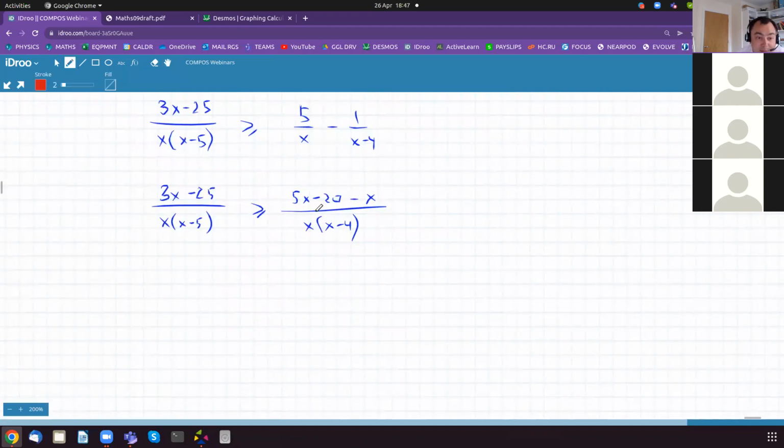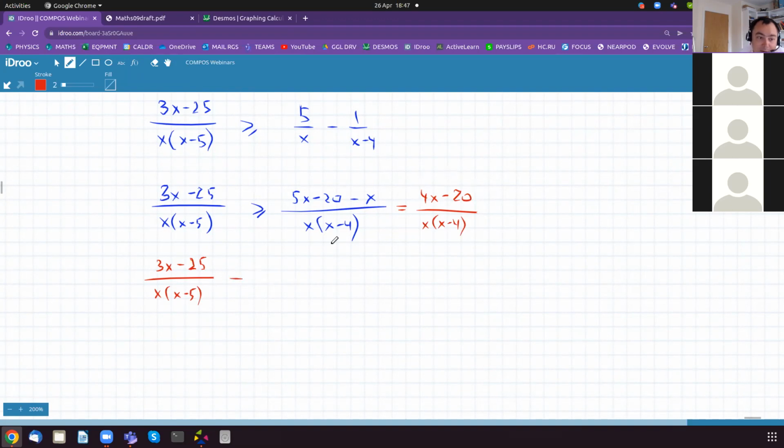So I simplify this. This is just going to be 4x minus 20 over x minus 4. I take everything to the left. So 3x minus 25 over x minus 5 minus.